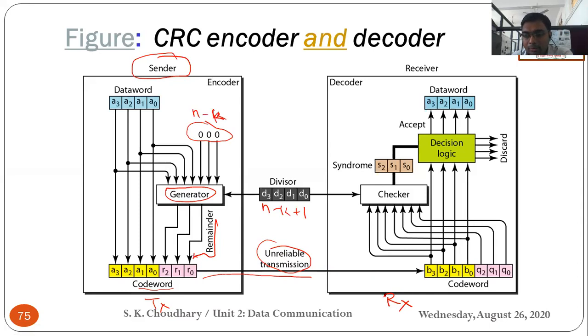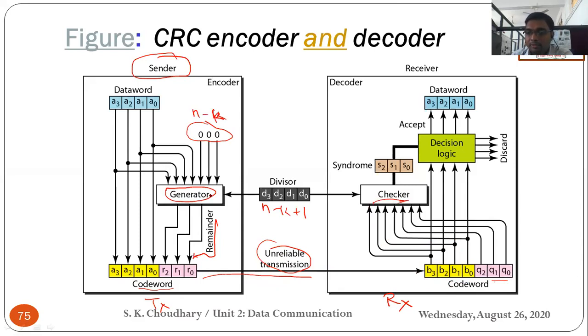Some error may be added because of the noise in the channel, and this would be received as the code word B3, B2, B1, B0. This is different from A3, A2, A1, A0 because noise or some error is added. Now this 7-bit received code word is fed to the checker.